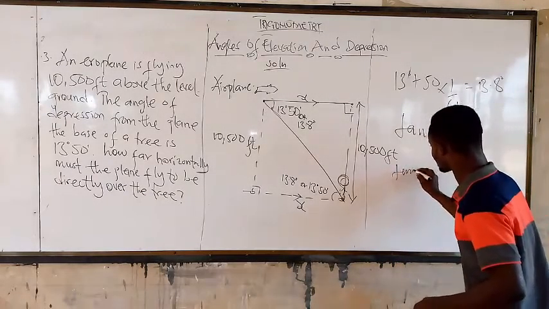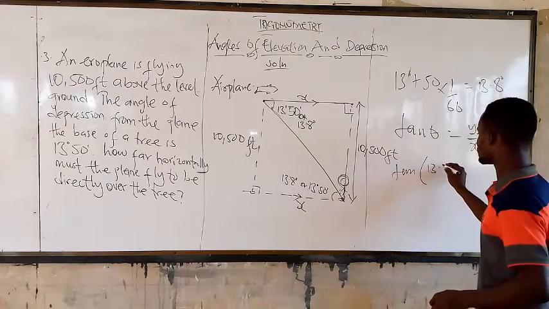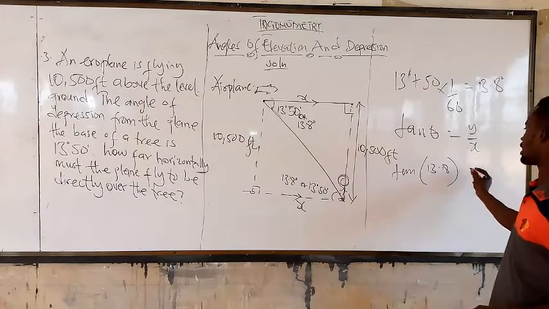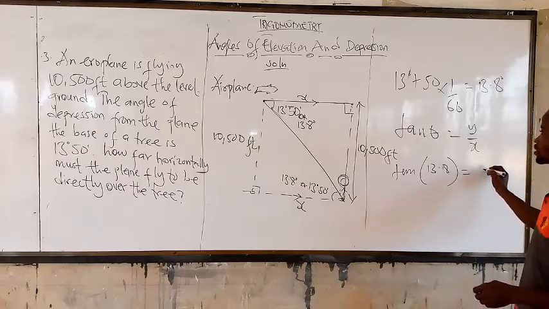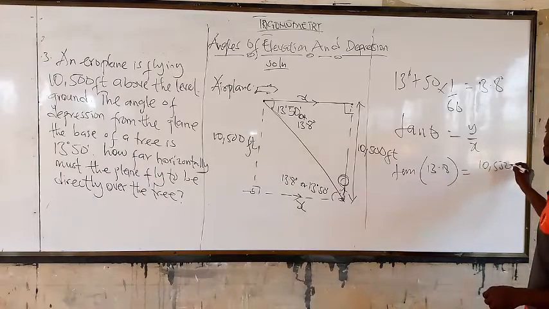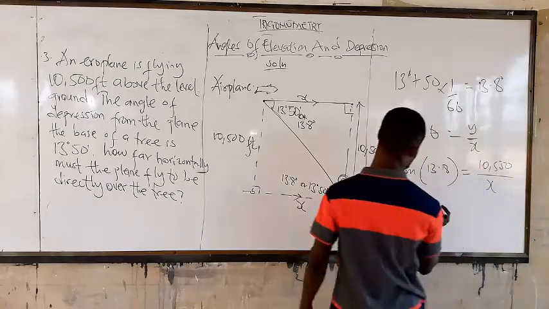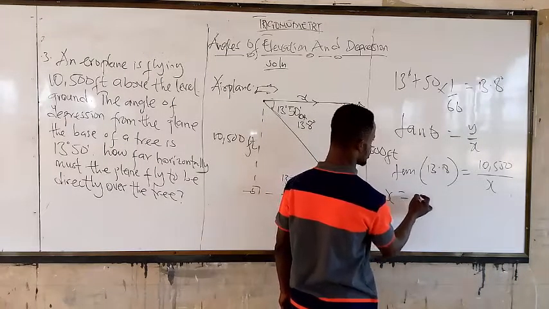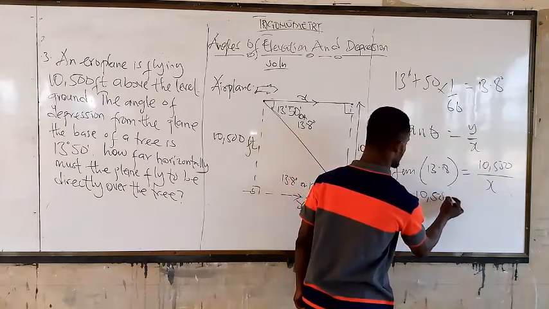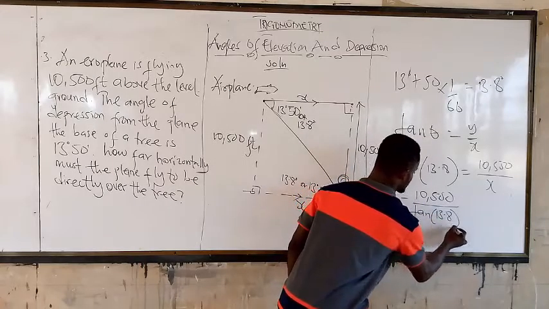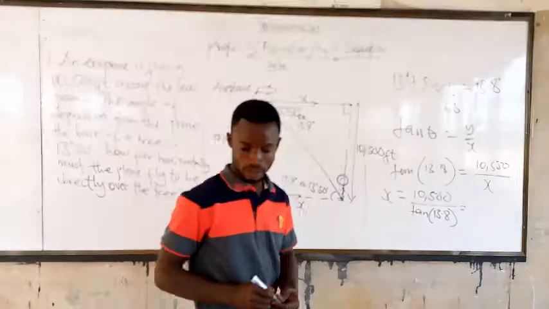So tan 13.8 is going to be equal to the opposite, 10,500 feet, over s that we are looking for. So s is just going to be 10,500 feet over tan 13.8.